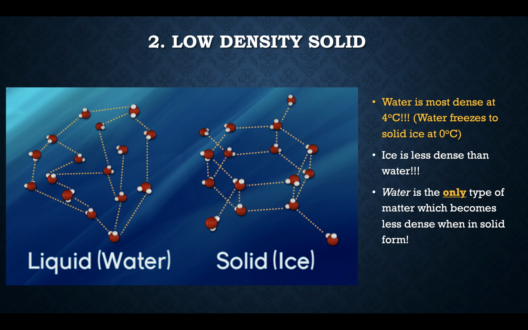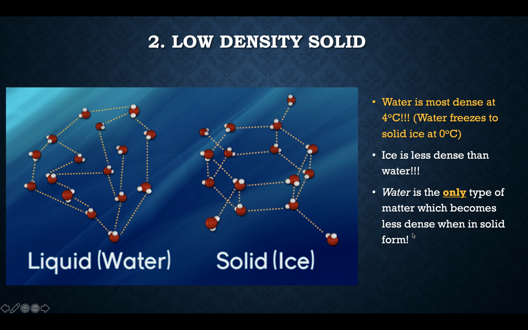The next property that we will discuss is the fact that water is something called a low density solid. So you may know this from the fact that ice is less dense than water. Water is the only type of matter which becomes less dense when it's in a solid form.